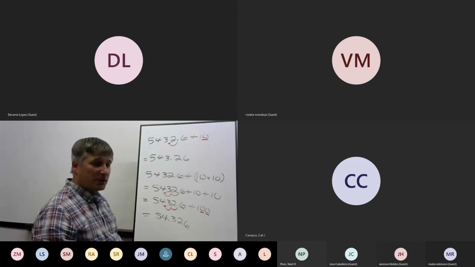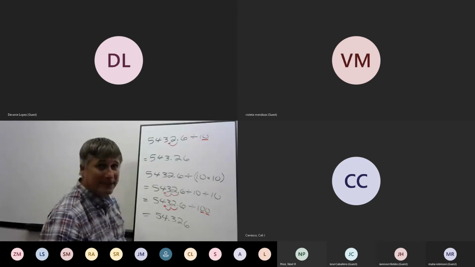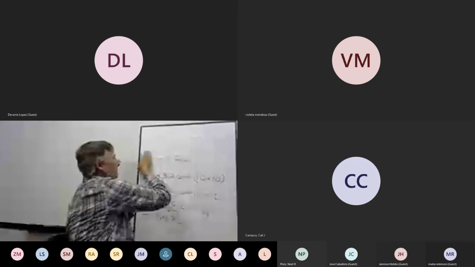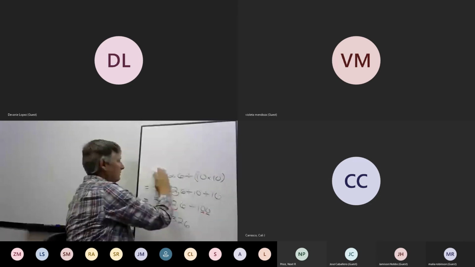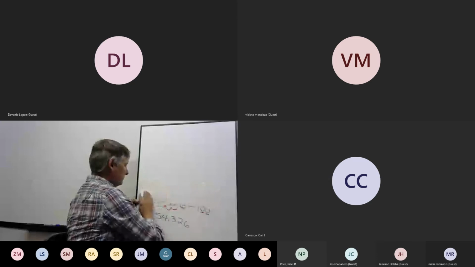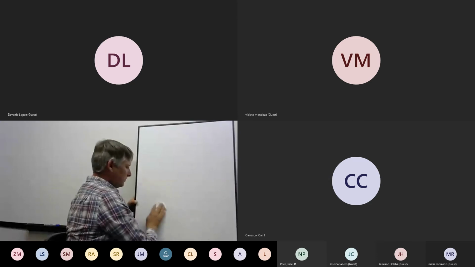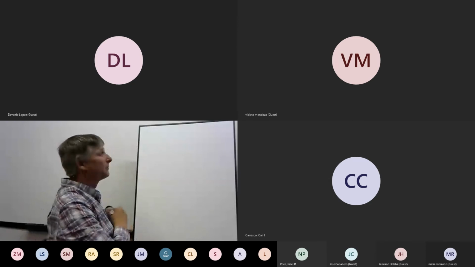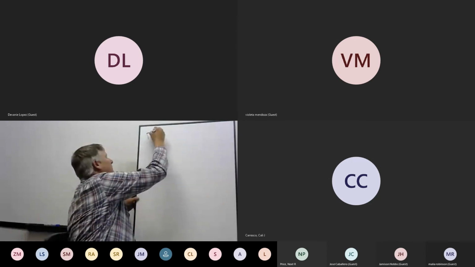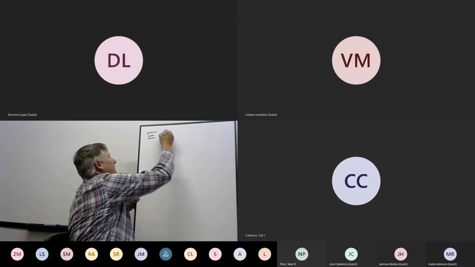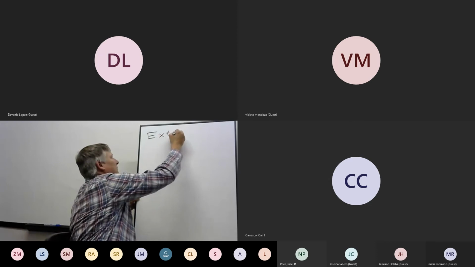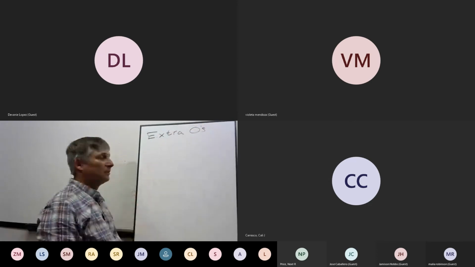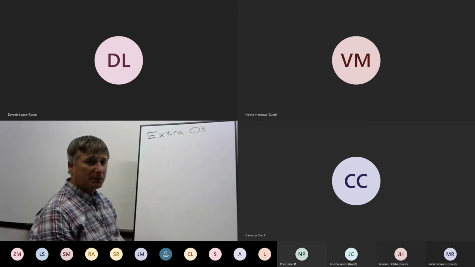So the only thing I'm going to mention with dividing and multiplying by tens is this. It's when we have to include extra zeros. What do we do about extra zeros?